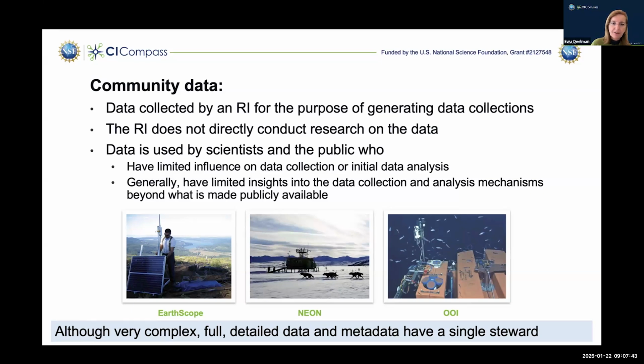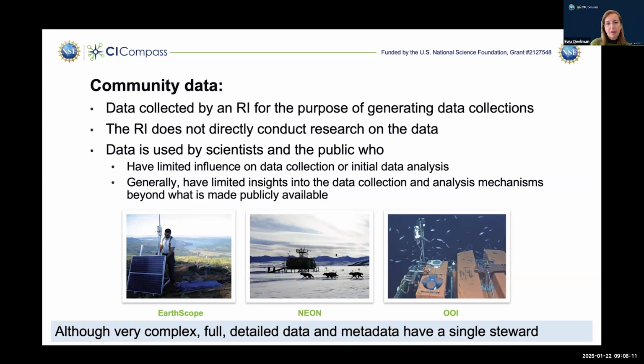This research infrastructure typically does not conduct research on the data, and the data is released almost as soon as it's being captured. And then the scientists use this data, and the public may also use this data to look, for example, at recent earthquakes or data collected at various NEON sites and so forth.